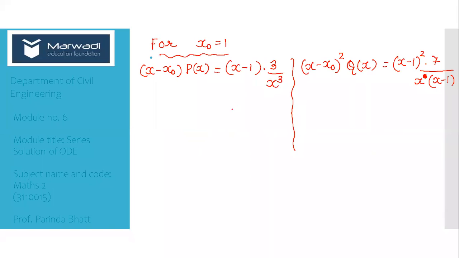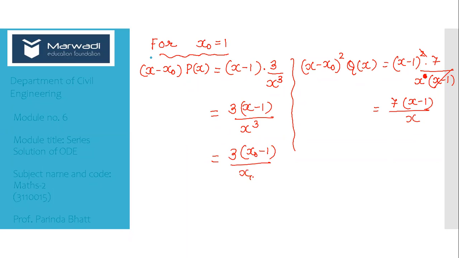Okay, now we simplify that. Therefore, 3 times x minus 1 divided by x cube. And here 7 one time is cancelled out. Therefore, 7 times x minus 1 by x. Now here x0 minus 1 by x0 cube, and 7 x0 minus 1 by x0, and x0 is 1. Therefore, 3 times (1 minus 1) is 0, divided by 1, so 3 into 0 by 1 is 0.